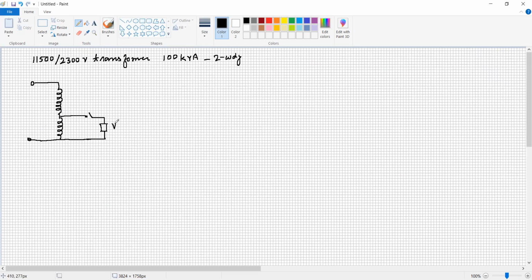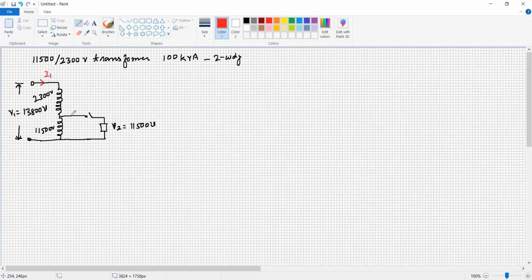So here V2 is equal to 11,500 volt, whereas the winding is connected in series, so it is 11,500 volt, and here it is 2,300 volt. So the total voltage V1 is the addition of these two values. It is 13,800.